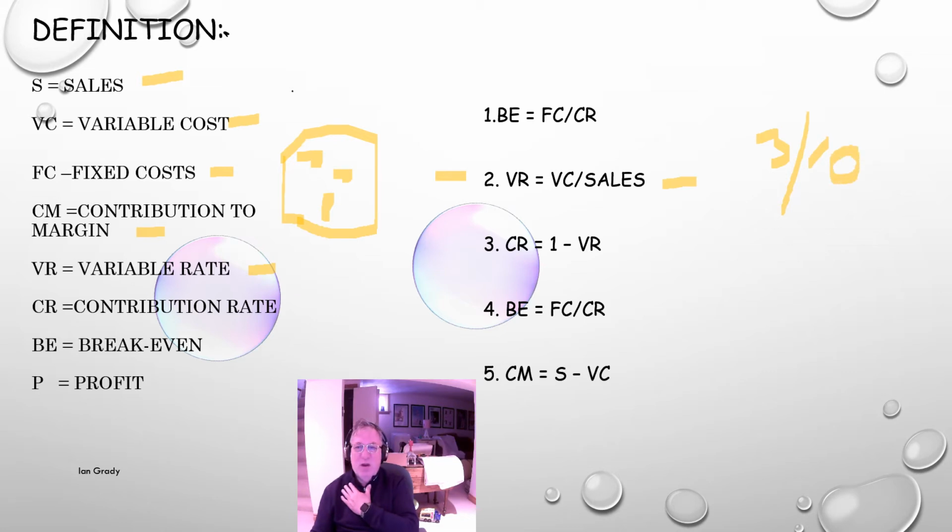We'll get a variable rate of decimal 3. Okay, contribution rate. The contribution rate is the number 1, negative the variable rate, in this case, 0.3. Therefore, the contribution rate would be 0.7.